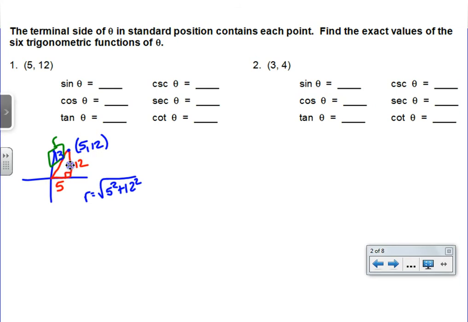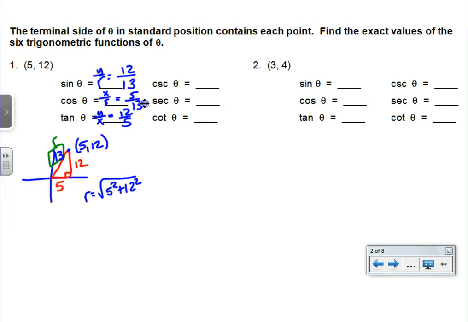So you can either still think of sine, cosine, tangent the old way with your old formulas, or you can start to use our new formulas. First they ask you for sine. Sine is y over r. So for this triangle, the y is 12, and the r you just found is 13. Cosine's new formula is x over r. So the x is 5, and the r is still 13. And tangent is y over x, which is 12 over 5.